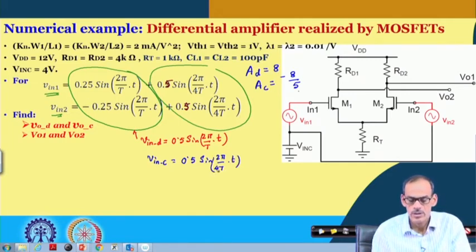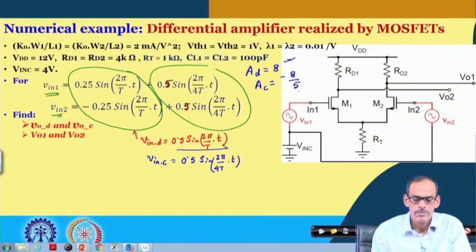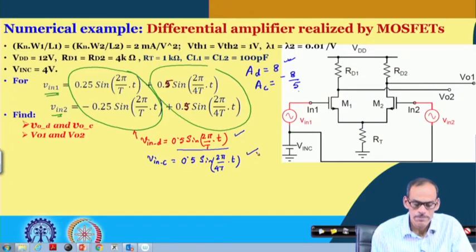Note that since the differential mode gain here is low, intentionally we are taking a relatively higher value of the differential input compared to the case when we talked about the differential amplifier using BJT. So, both differential part and common mode part have equal amplitude.